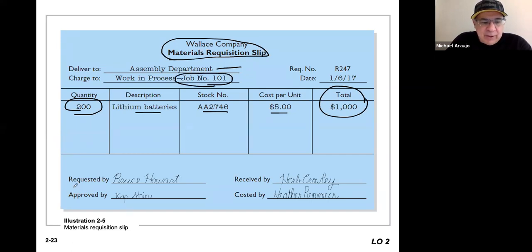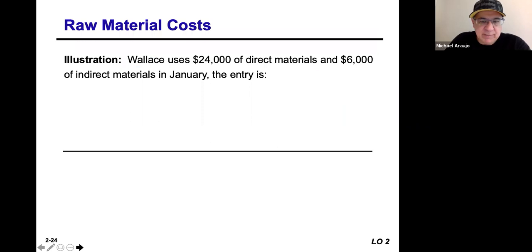Okay, remember it gets requested, it has to get received by materials, it has to be approved, and then it has to be checked by accounting. So there's a lot to these slips. But notice that it's being charged to work in process, and it's going to be put into assembly. Okay. Because now they're actually taking the raw materials in this case and using them for assembly into finished goods.